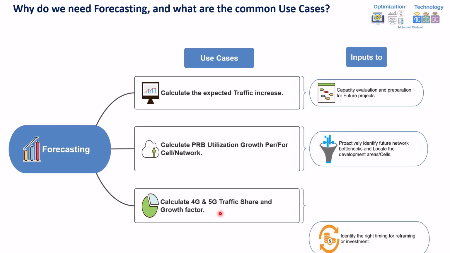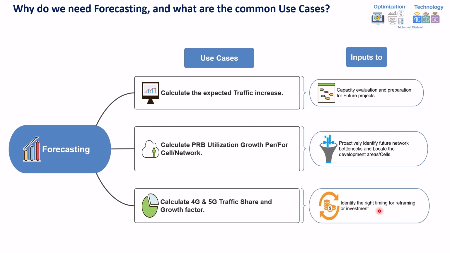Based on the same inputs, we can make a forecast for the 5G traffic share, just to know, for example, at which particular time or date they can start investing or refarming the 4G in order to improve the user experience. So this can be used as an input for the right timing for either refarming or investment in 4G or 5G. So this is summarizing the most common use cases when you need to use forecasting.